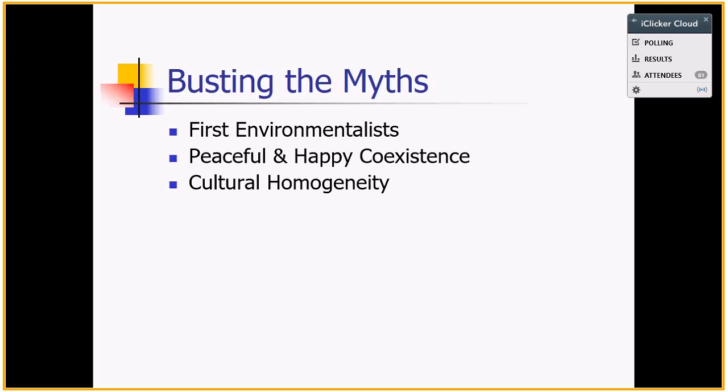Even though different European groups initially encounter different Native American groups, and as we've already said, and I hope I've beaten this point into you, that there's a great deal of cultural diversity. And so this notion that all Indians are the same is simply false.